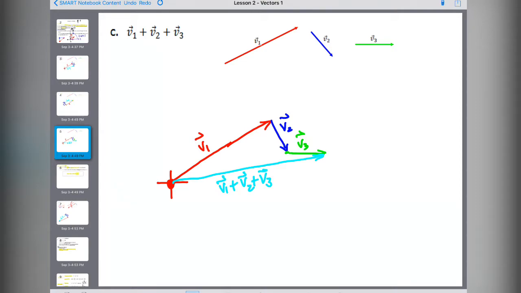But one way to look at it is, if you break them into components, you can actually figure out the sum. All right, so I'm going to show you how we do that. I'm just going to change the line style to a dotted line. If I take a look at V1, V1 really is the sum of a y and an x.